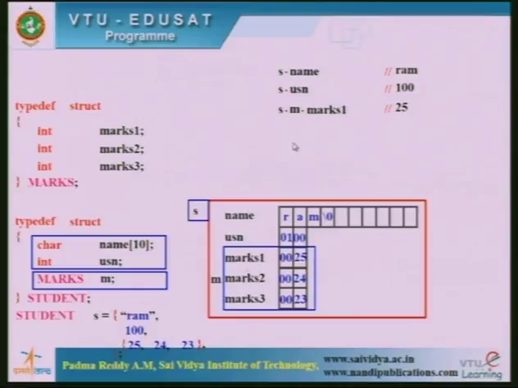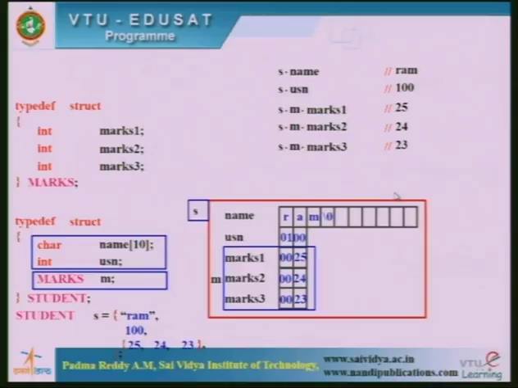So here I write s dot m dot marks 2. What do we get here? 24. Similarly, tell me how you can access this field using the variable: s dot m dot marks 3. Now tell me what data we are going to get? 23.